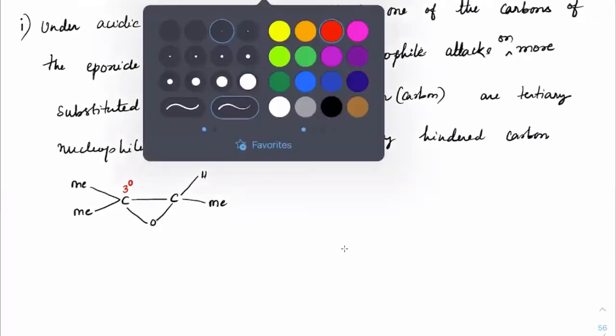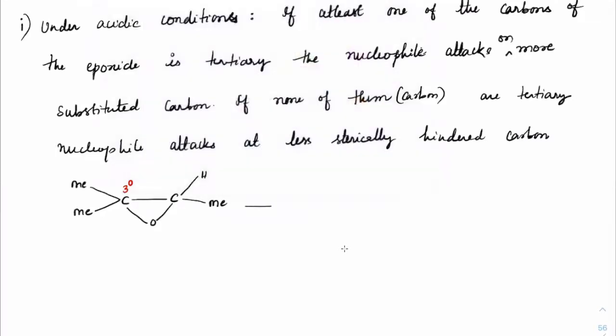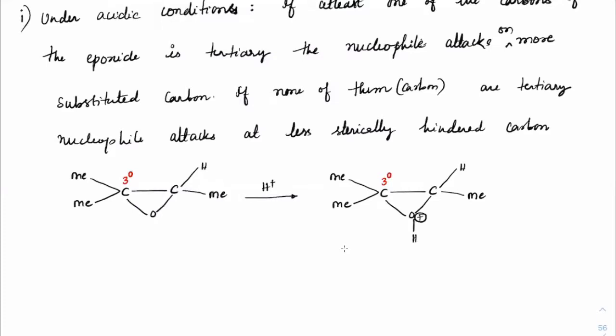Since this is a tertiary position, the minute we add H plus, first this H plus gets added here on oxygen, giving a positive charge on it. Then Br minus, for example, H plus, and let me take water only. Now water as a nucleophile can attack on this position or this position.